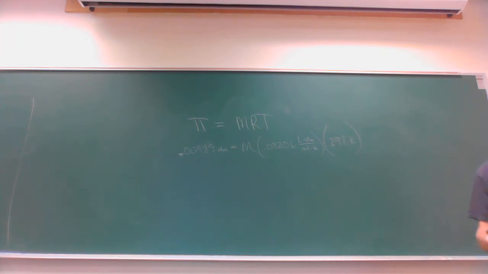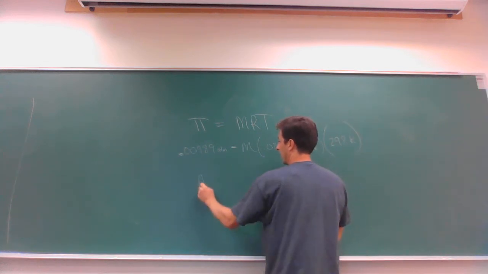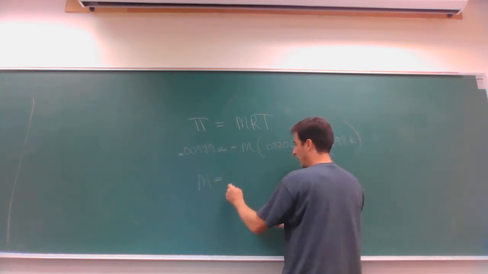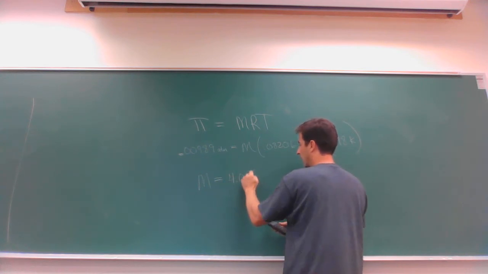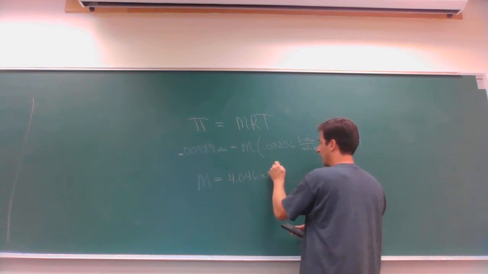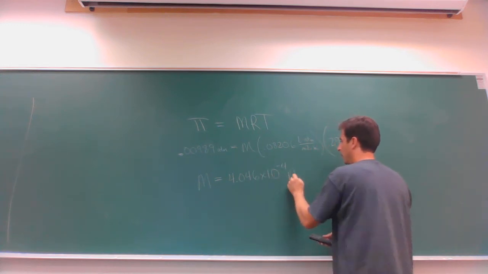So I'm just going to solve for molarity. It's going to be that. So I got the molarity equals 4.046 times 10 to the minus 4 molar.